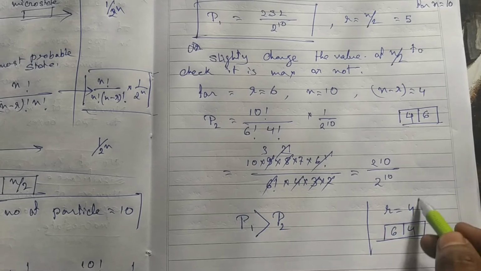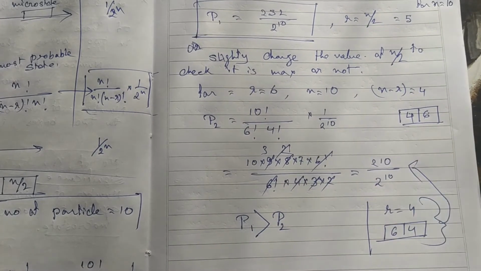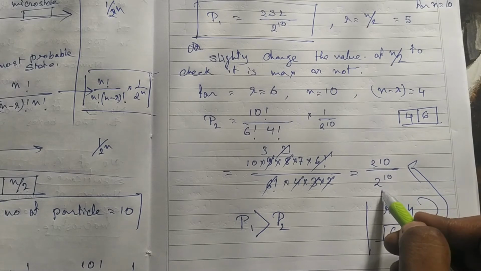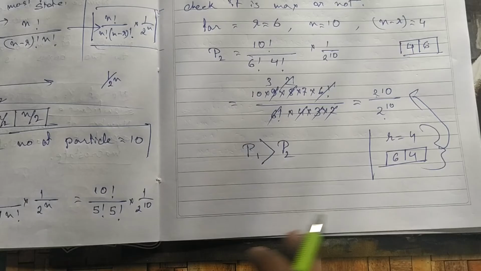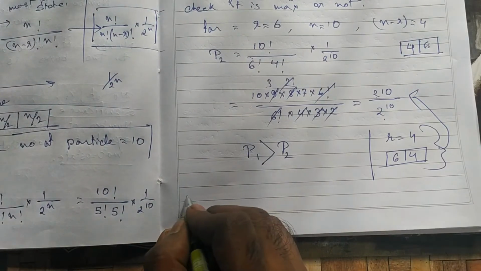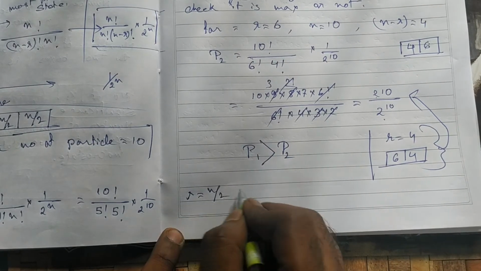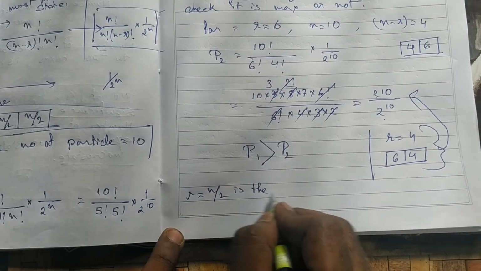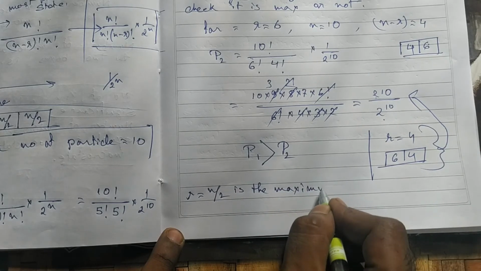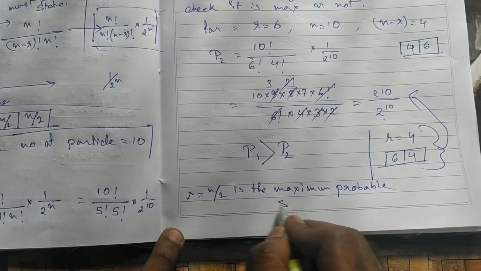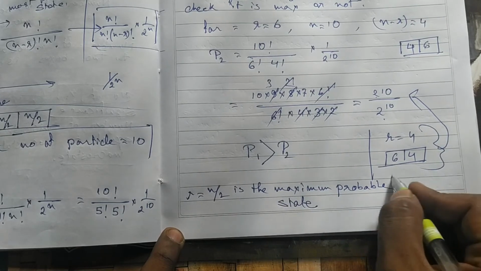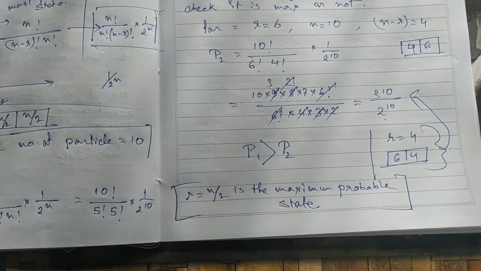Obviously in this case the distribution function is also 210 by 2 to the power 10. So by verification we can conclude that r equal to n by 2 is the maximum probable state. Clear? This is the maximum probable state.